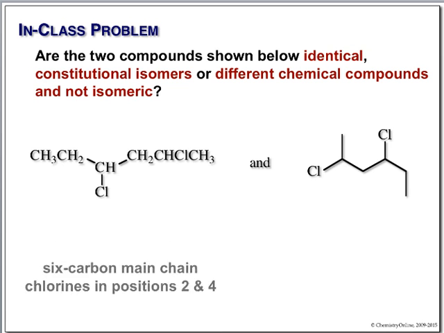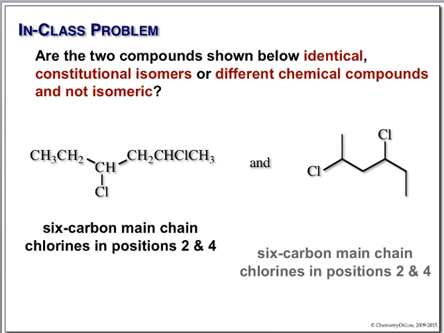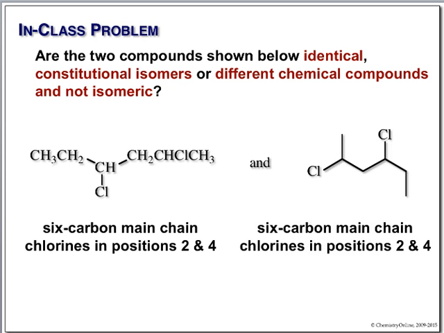The formula here, well, I didn't do a formula. 6 carbon main chain, chlorines in positions 2 and 4. Over here, we have a 1, 2, 3, 4, 5, 6 carbon main chain, right? We have a chlorine in position 2 and in position 4. These two guys are the same compound, aren't they?